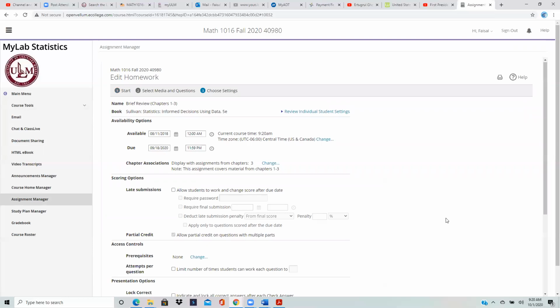Okay, late submissions allows students to work and change score after due date, require final submission. Why doesn't it have an option just to allow work and not change score?